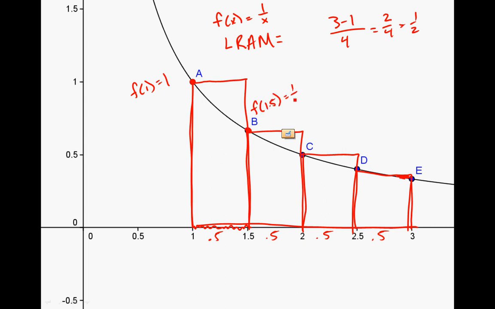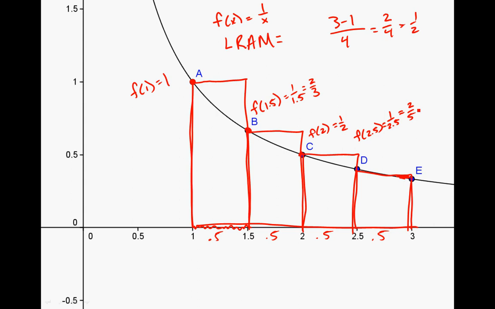F of 1.5 is going to be 1 over 1.5, so 1 over 3 over 2, which is going to be 2/3. All right, then we want to evaluate f of 2, which is going to be 1 over 2. Then we want to evaluate f of 2.5, which is going to be 1 over 2.5. It's going to be 1 over 5 over 2, which is going to be 2/5.